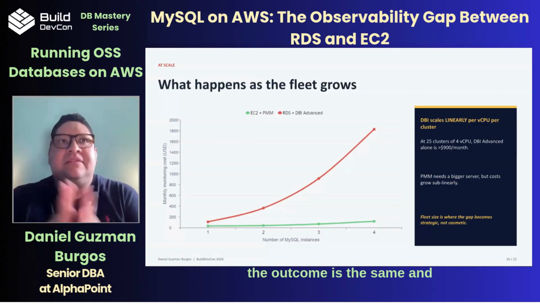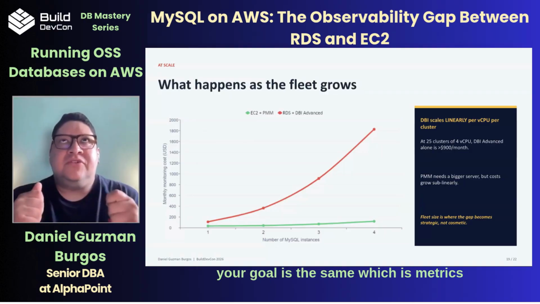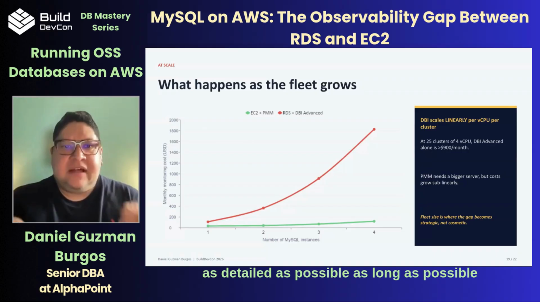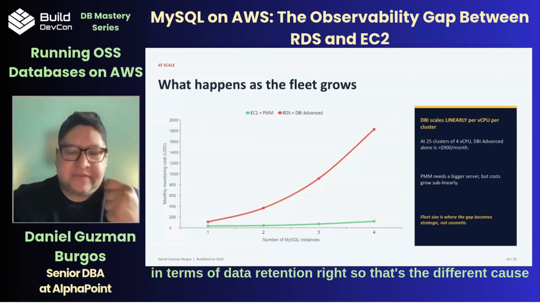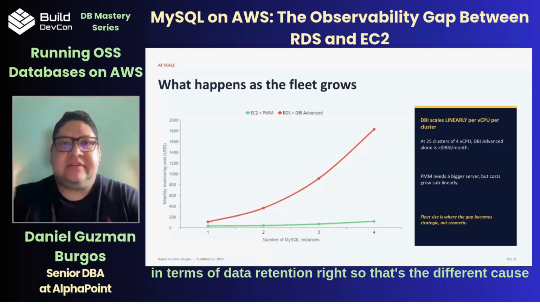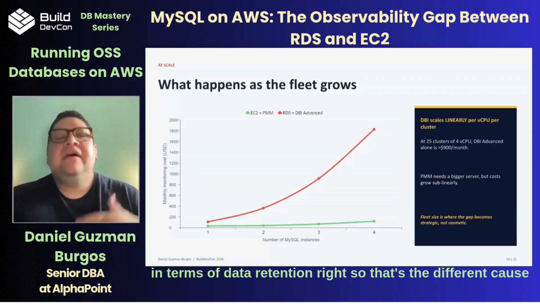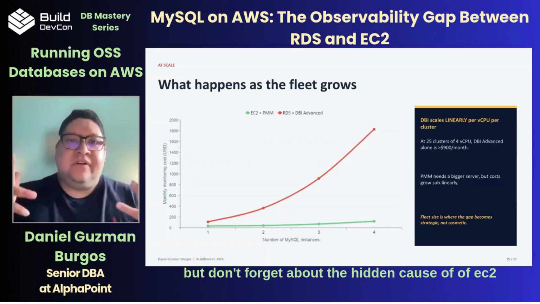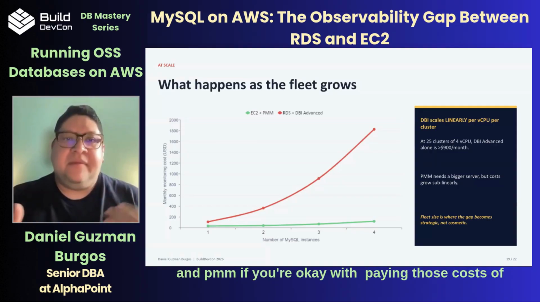Overall, the outcome is the same, and your goal is the same, which is metrics as detailed as possible, as long as possible in terms of data retention, right? So that's the different cost. But don't forget about the hidden costs of EC2 and PMM.